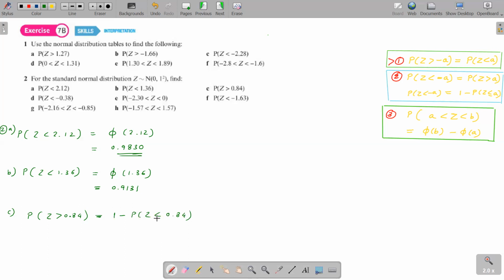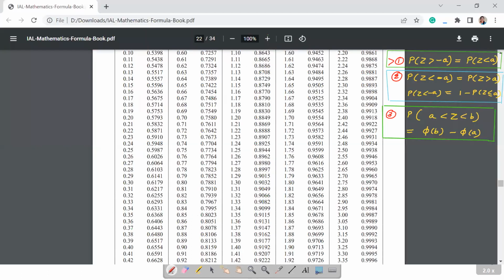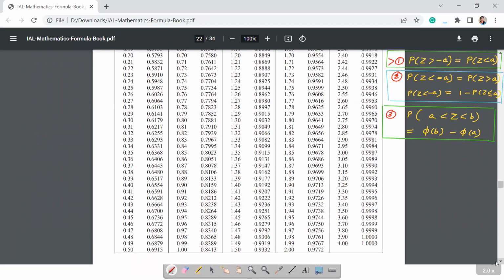If you want the equal sign, you can have it or not, that's fine. Now go to the table and find the Z value 0.84. Moving down, here, 0.84. Can you see? 0.84 is 0.7995.